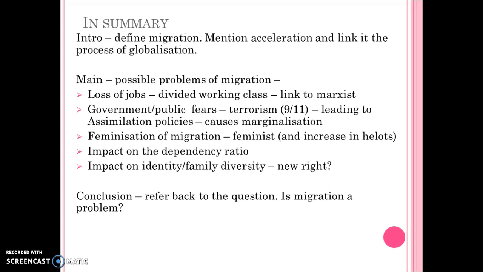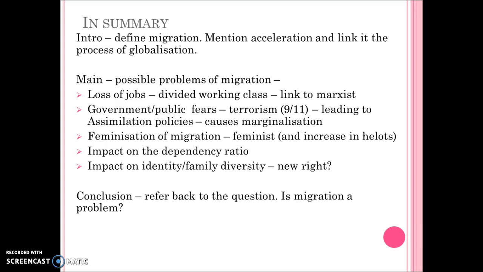So, for example, that could be learning English, adopting British values, British customs, language, to make migrants be like us.